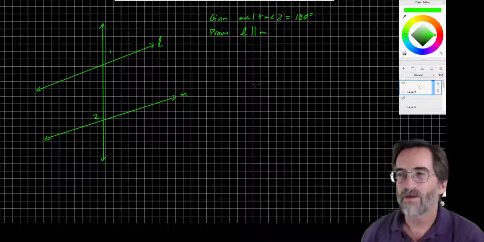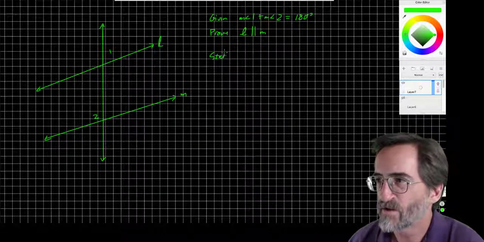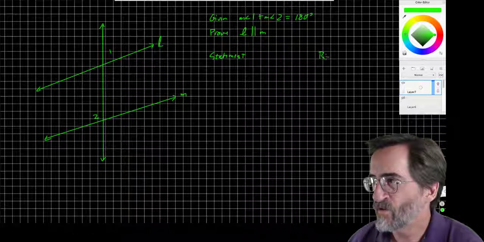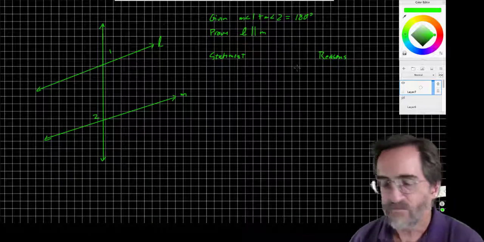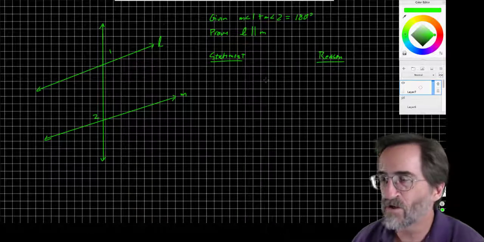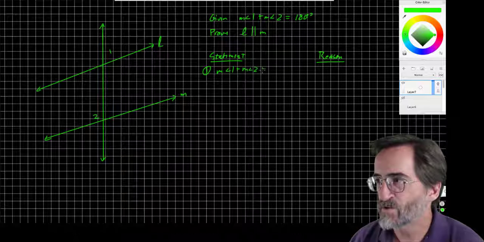Okay? And you remember how to do a proof. Statements go on the left. Reasons go on the right. Okay? And remember, if you don't know where to start, always start with the given. So statement number 1, measure angle 1 plus measure angle 2 equals 180.